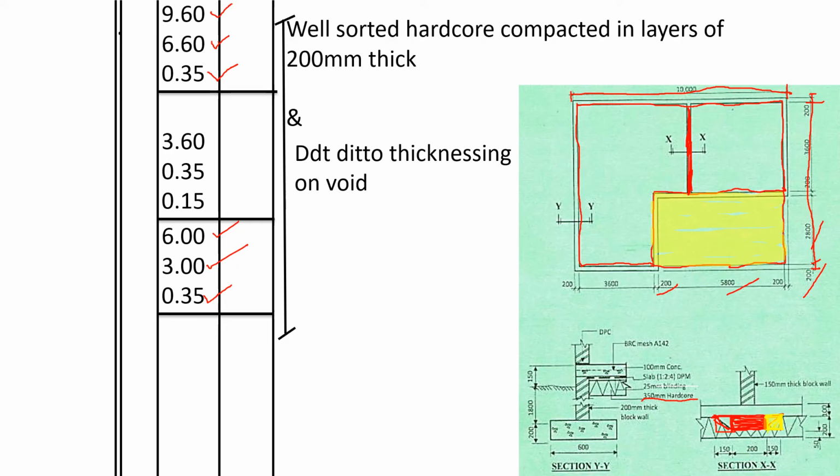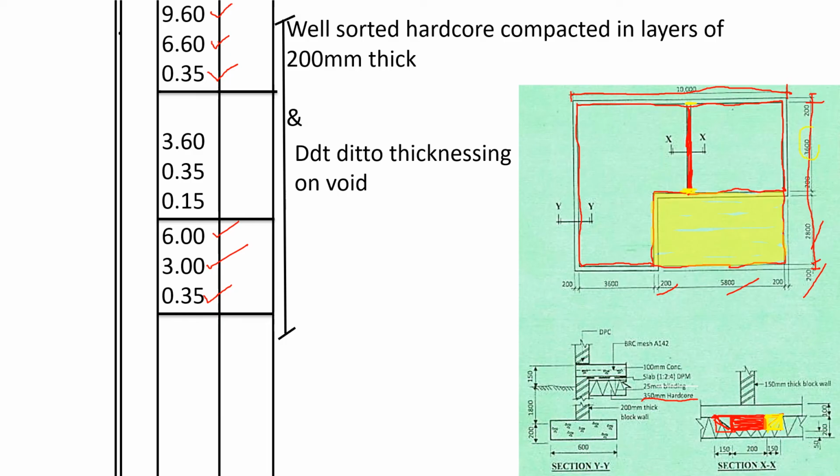So if we are finding the volume of this hardcore that has been reduced, we shall take 3.60. 3.60 is the length of the wall from the inside to inside.